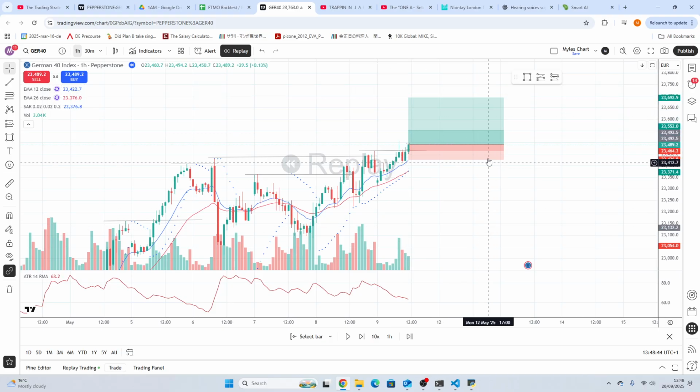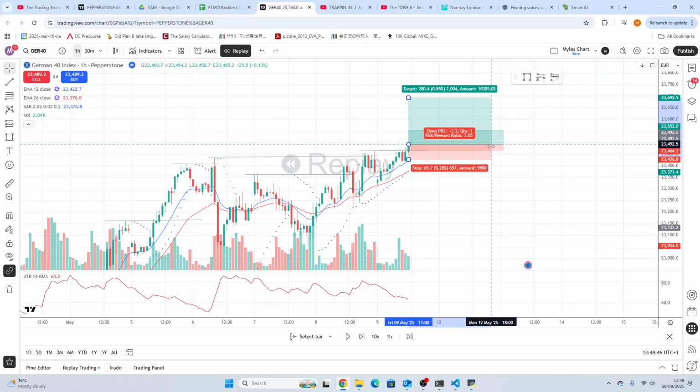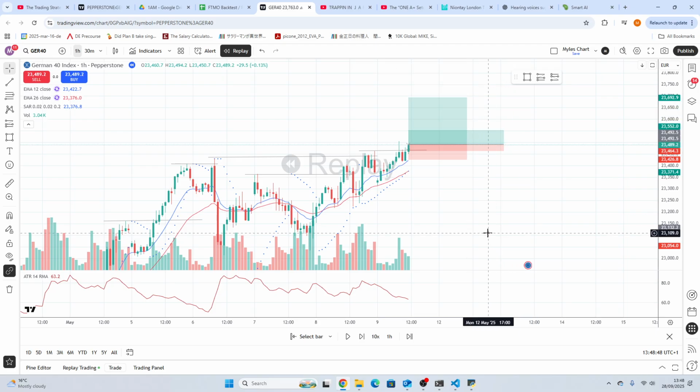What else we got? We have the sloping 12 and 26. We've got the parabolic, and we're below 180R, and that's it. We've got 4. So it's a B setup.